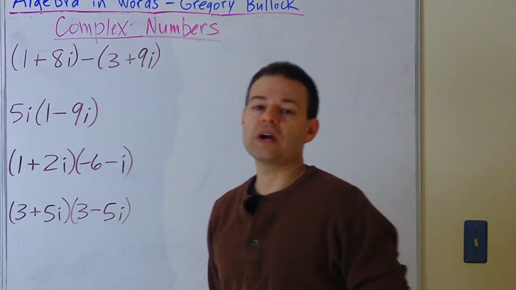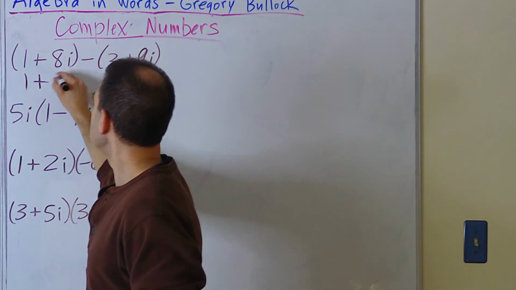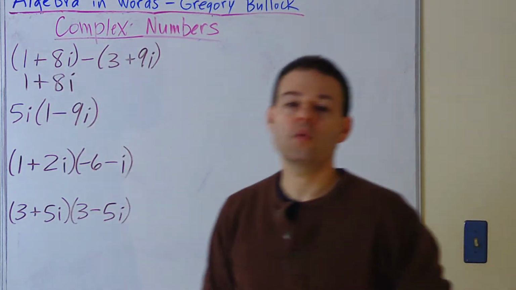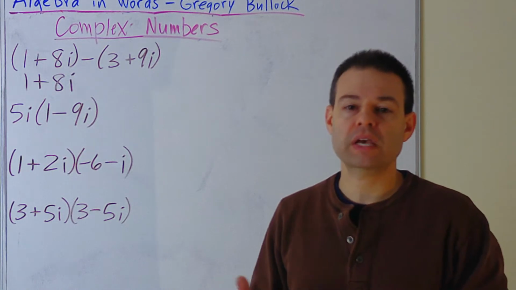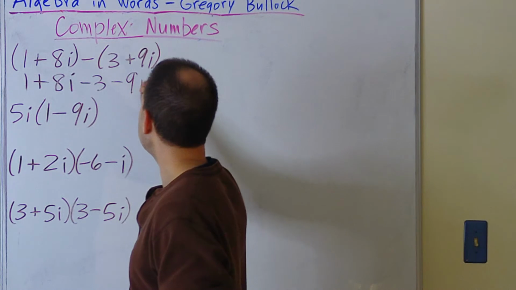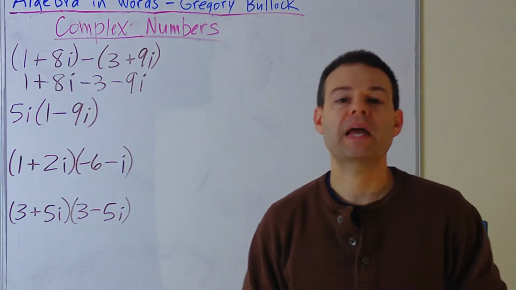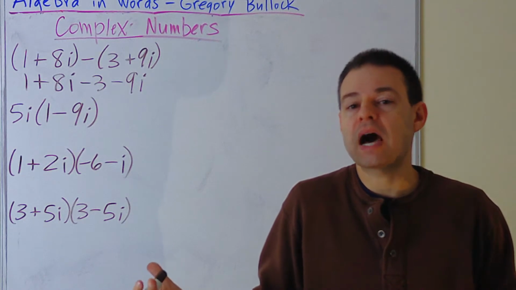So let's just rewrite the first quantity, 1 plus 8i, and now distribute the negative through the second quantity to get negative 3 minus 9i. And now we're just going to combine like terms as if the i were an x.